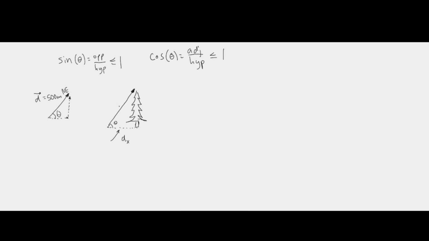So the thing that I'm interested in finding in this case would be dy. For this kind of problem, it might be practical to ask, how tall is that tree? Well, for this case, we would actually need to know dx and the angle. Like I said, we could sight this in, and then we could find dy.